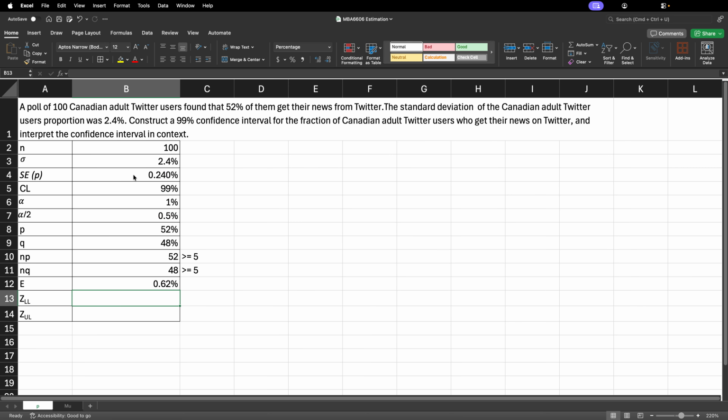which is 0.62%. So what will be the lower limit? It will be the point estimate p minus the margin of error. That will give us the lower bound on the p.